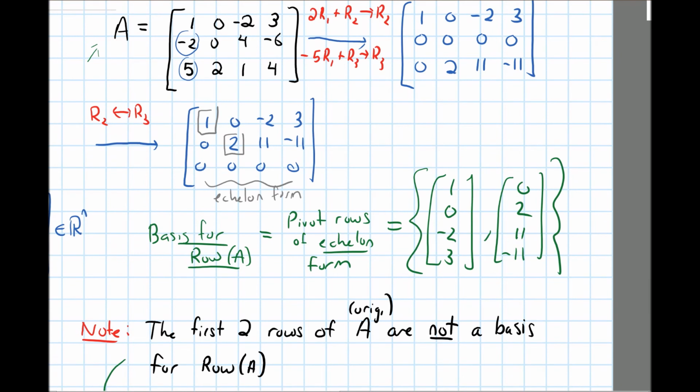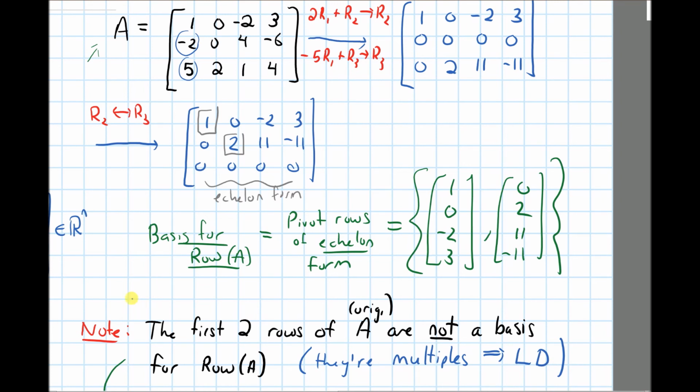They're not going to be a basis because those 2 rows are multiples. And when vectors are multiples, they're definitely linearly dependent. So if they're linearly dependent, they definitely cannot be a basis.